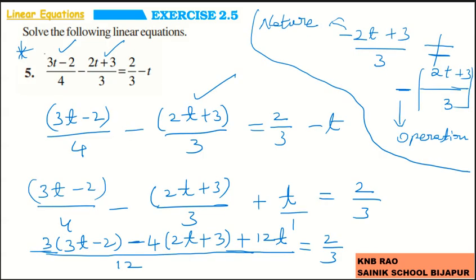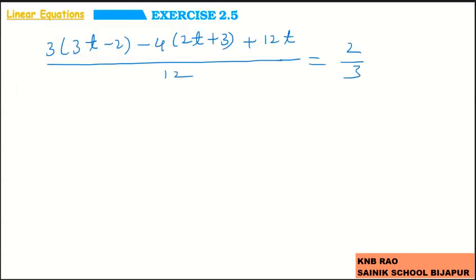This is what I have in the earlier step. Now this whole upon 12, this denominator 12 can be sent that side.